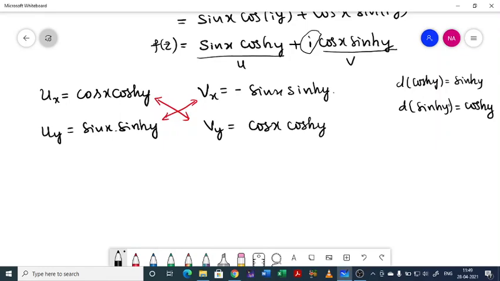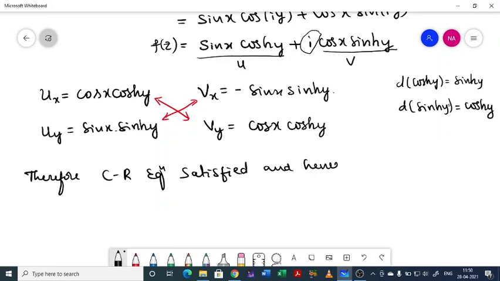Therefore the CR equations are satisfied, and hence the function is analytic.